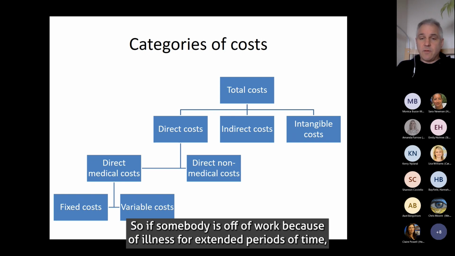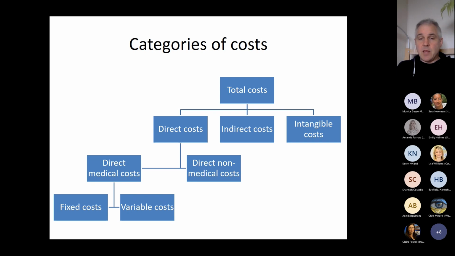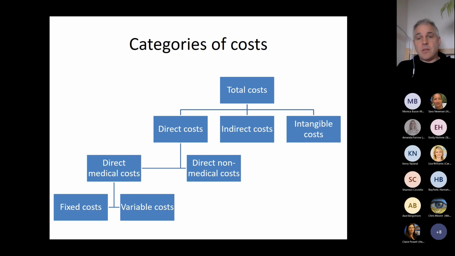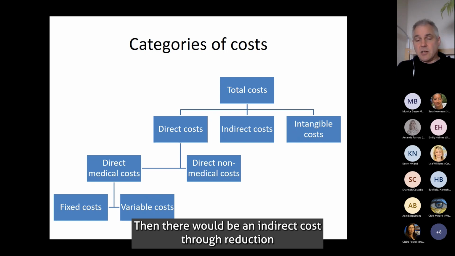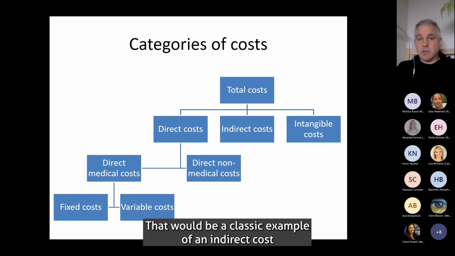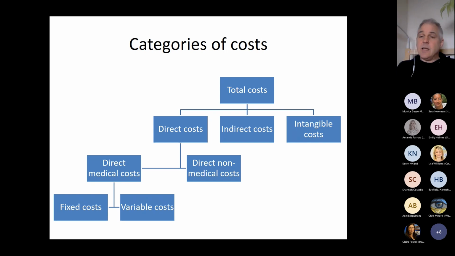So if somebody's off work because of illness for an extended period of time, and they're not contributing to taxation, and they're receiving sick pay, etc., then there would be an indirect cost through reduction in their productivity in the workforce. That would be a classic example of an indirect cost.